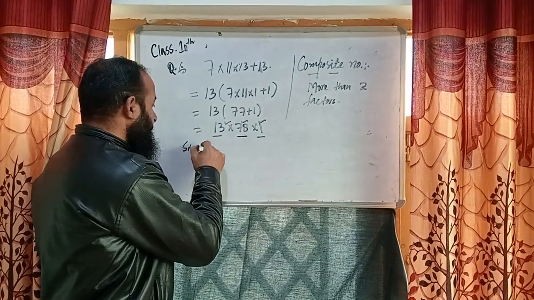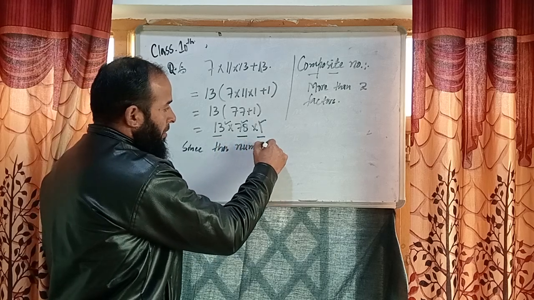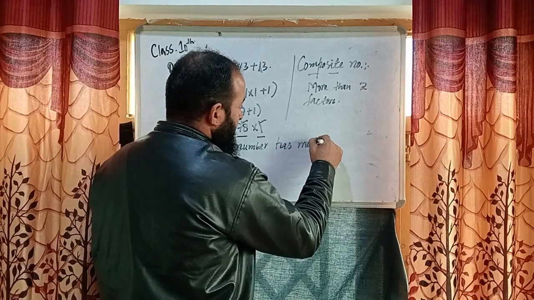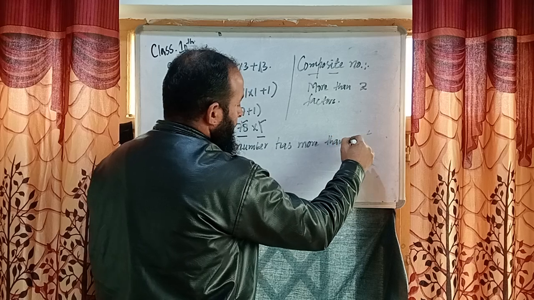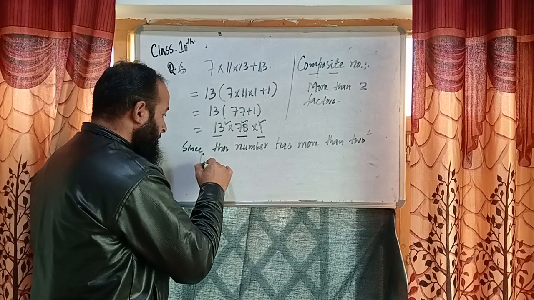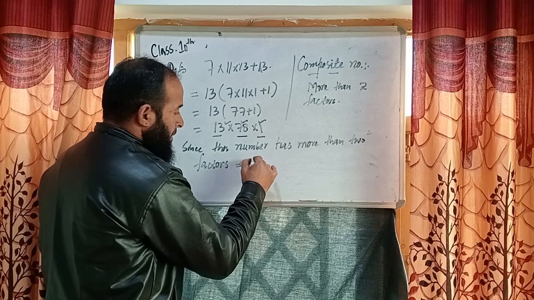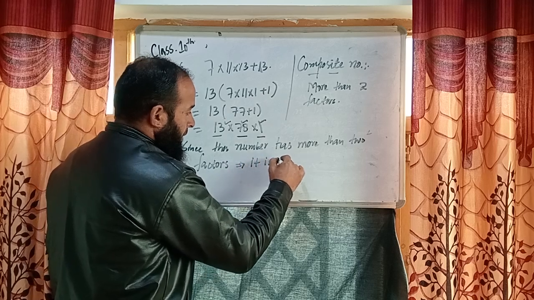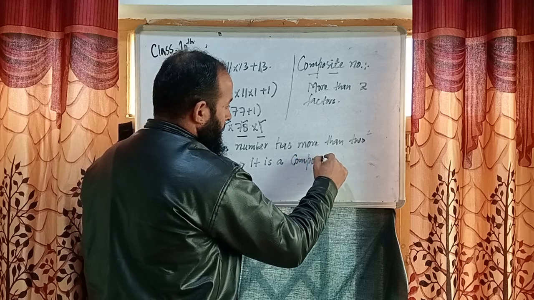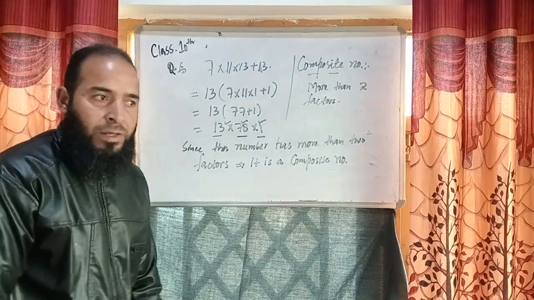Since this number has more than 2 factors, it implies it is a composite number.